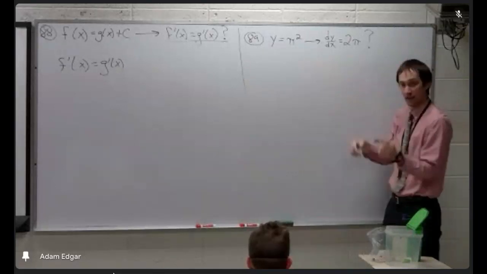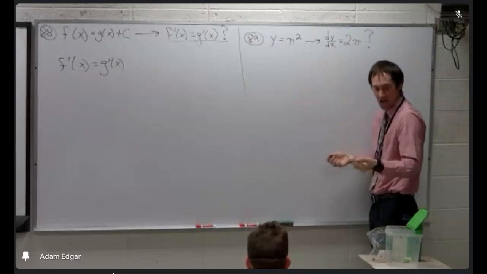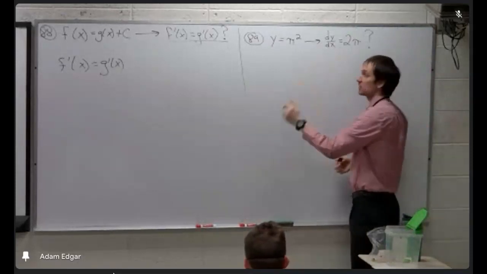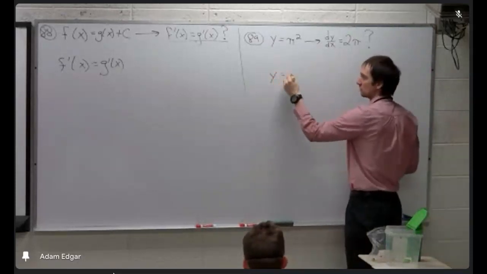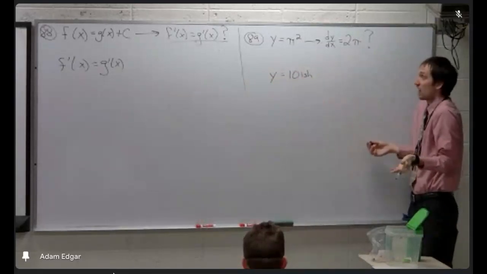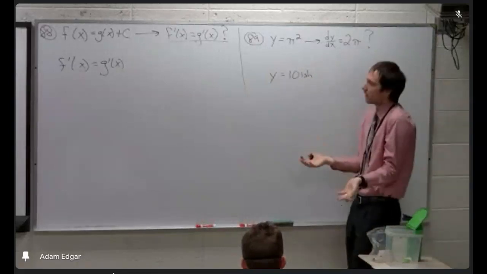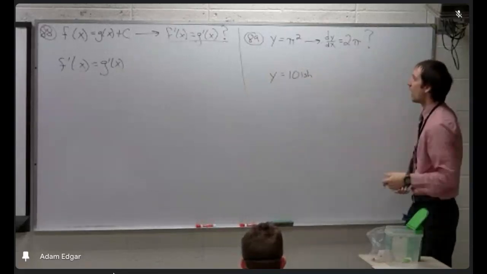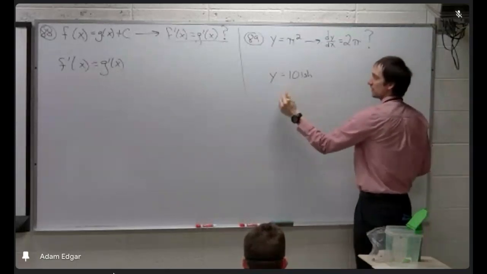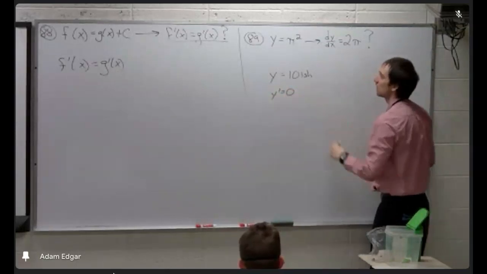And therefore, pi squared is about what? 9, 10. So you could just as easily write y equals about 10. So that's a constant, right? If pi is a constant and pi squared is a constant, we know what it is. It's about 10. And so the derivative of that is what? 0. And dy/dx is y prime.